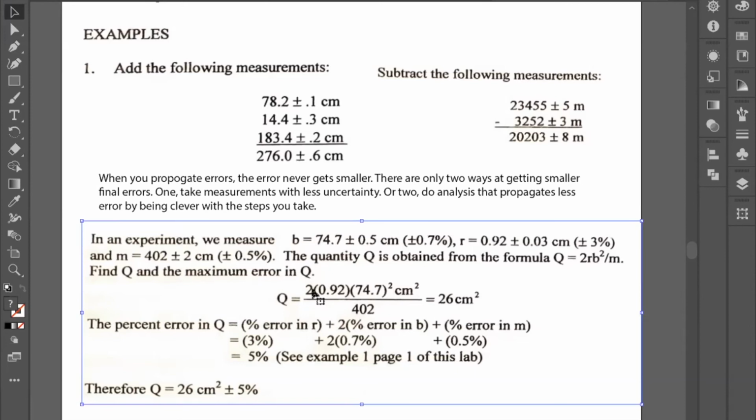So we calculate q first by plugging in the measurements we have for 2, 0.92, 74.7, and 402 to give you 26 centimeters squared. The percent error in q, though: 2 doesn't give you any percent error because it's an absolute number. Constants do not change your percent error.